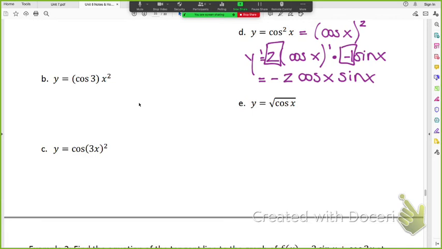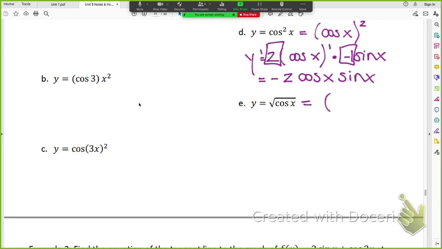All right, what's the outer function on E? The square root. How have we learned to write square roots so that we can take derivatives?